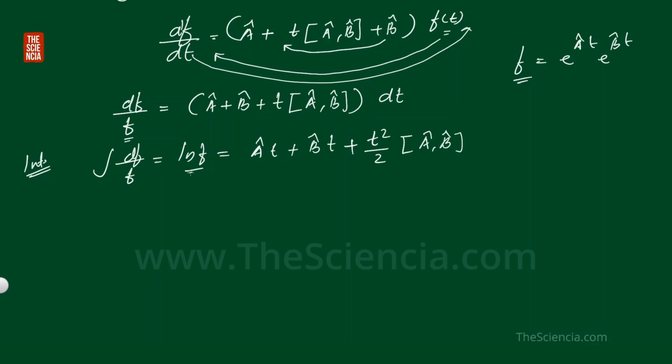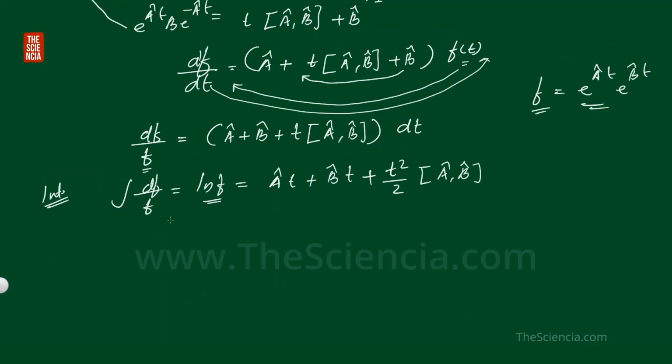Now this is log f. Therefore, in order to find out f, we have to take the exponential on both sides. If we take the exponential of log f, we will get f, that is equal to e raised to A cap t plus B cap t plus t square by 2 into A cap B cap.